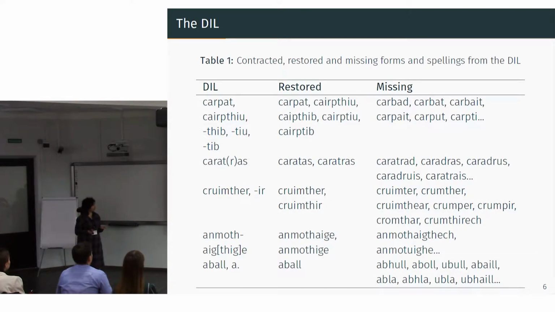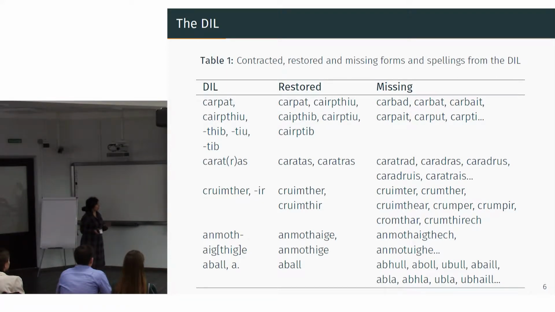But the problem is that the list of forms is, first of all, incomplete, and secondly, the notation is very inconsistent because the dictionary has been developed for like 50 years, and many scholars contributed to it.